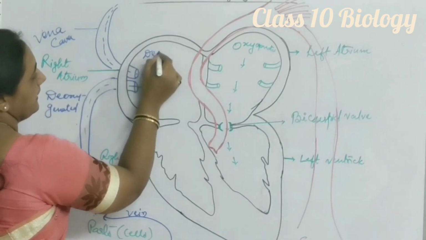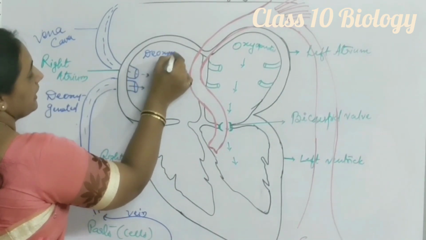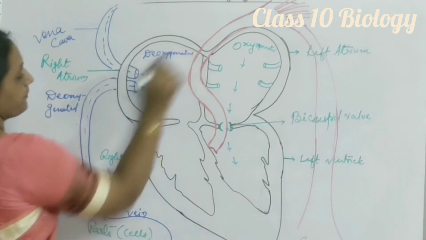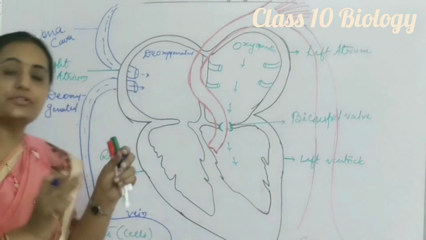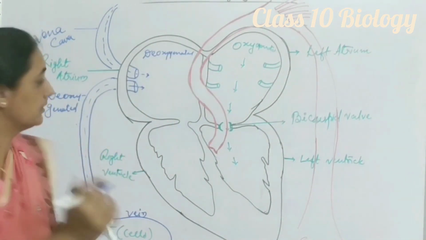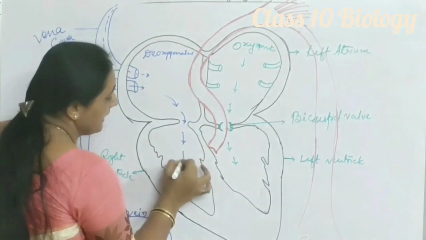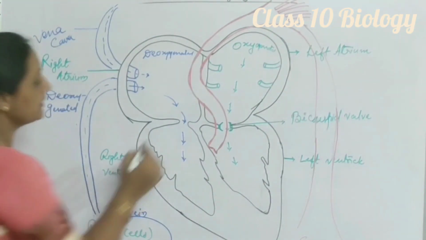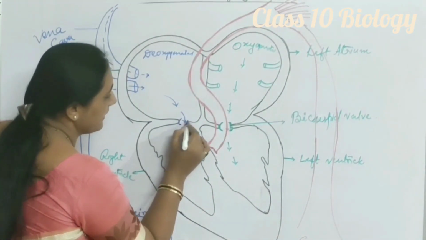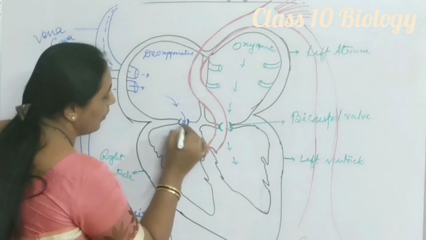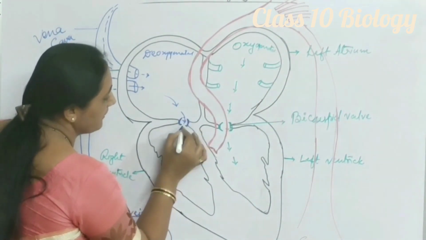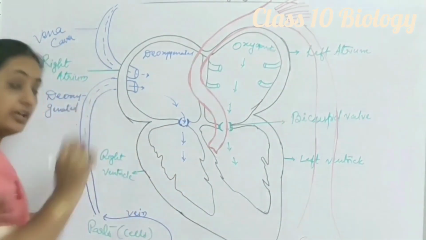And here the right atrium gets filled with deoxygenated blood. When this right atrium contracts, the blood comes into the right ventricle. Here also, in between auricle and ventricle, there is a valve, and this valve has three flaps.